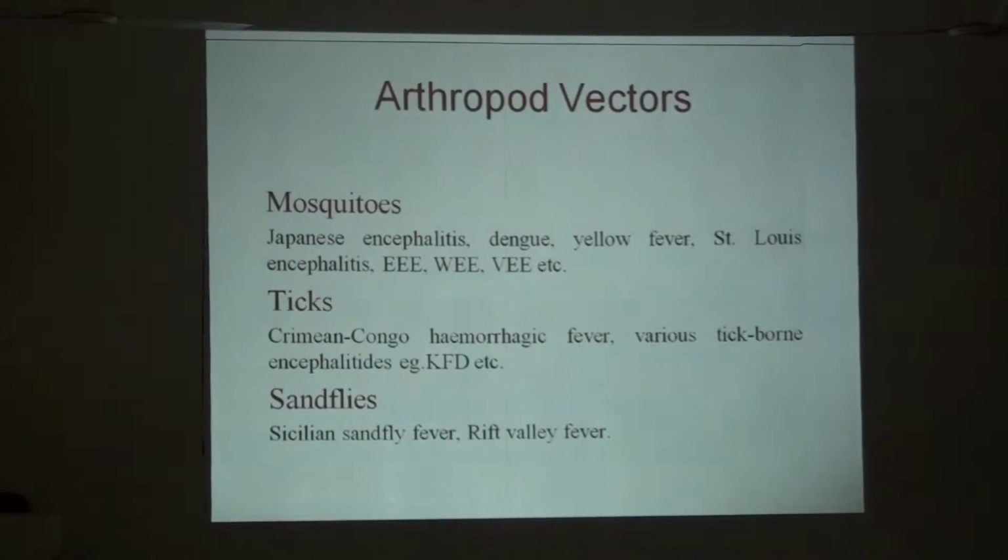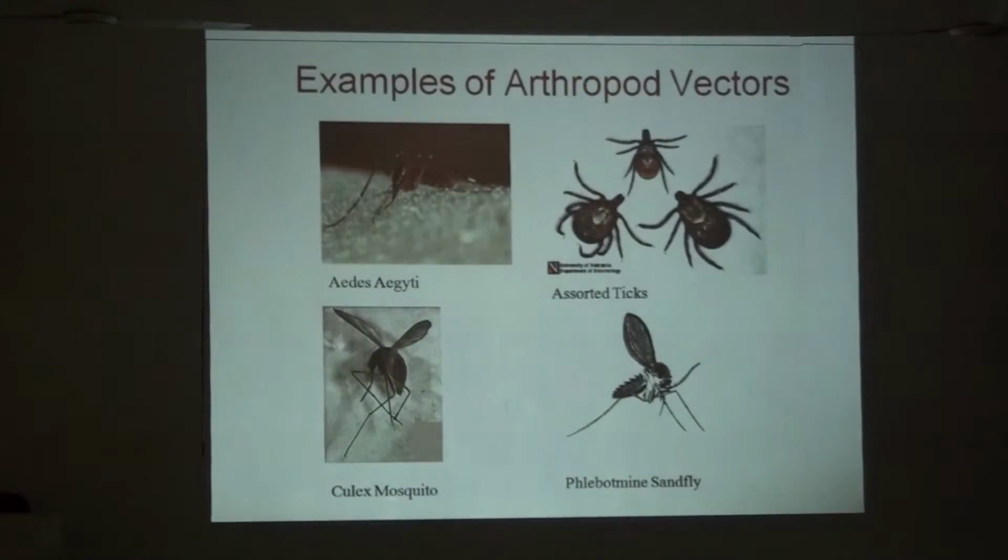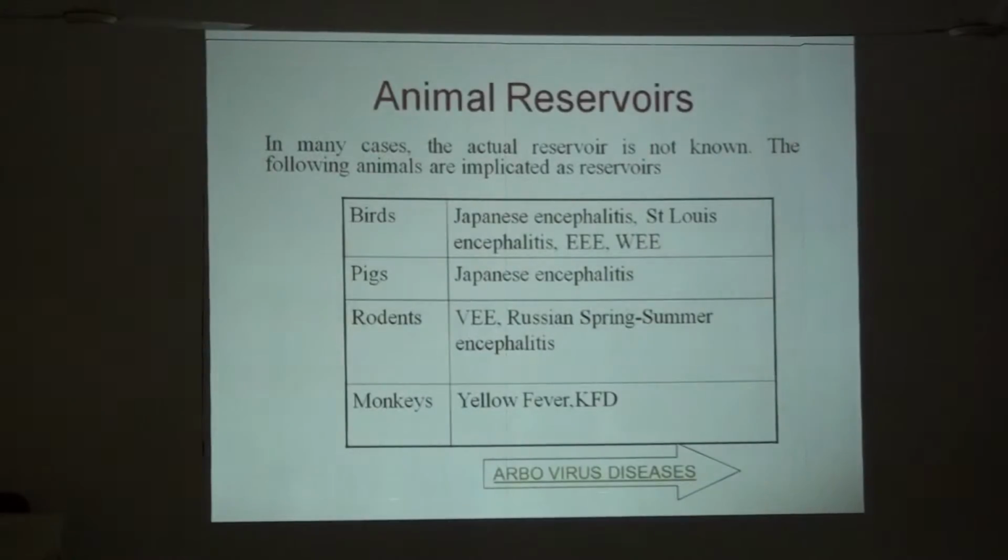Then the ticks, which transmit hemorrhagic fevers and tick-borne encephalitis like the KFD virus. Then the sandflies, which transmit Sicilian sandfly fever and Rift Valley fever. Here are examples of the different arthropod vectors: Aedes aegypti, Ixodid ticks, Culex mosquito, Phlebotomus sandfly.